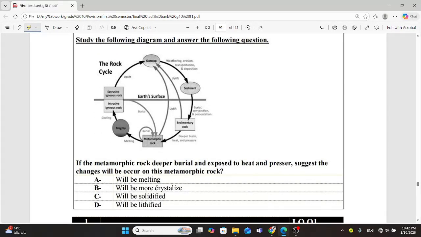If metamorphic rock deeply buried and exposed to heat and pressure, what changes will occur on the metamorphic rock? It will be melting ولا will be more crystallized ولا will be solidified ولا will be liquefied. هتبقى will be more crystallized.